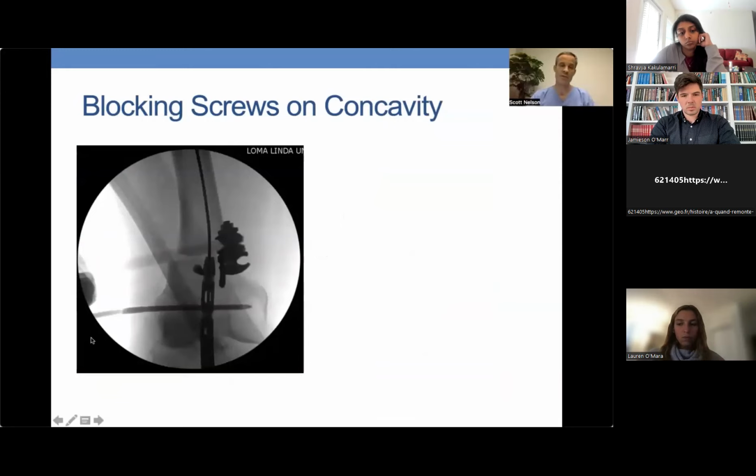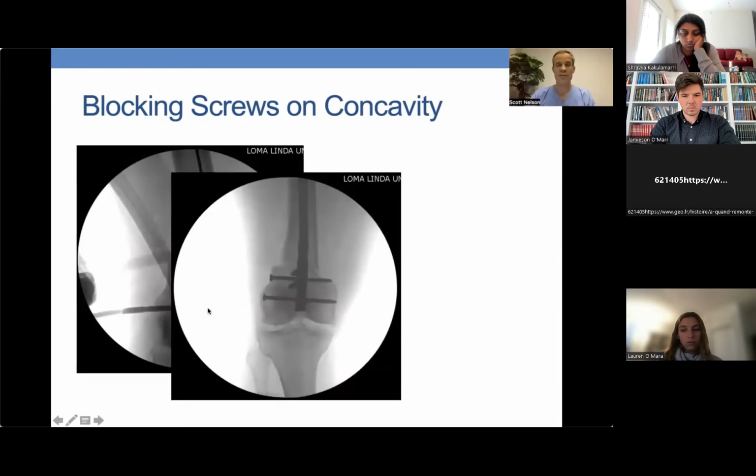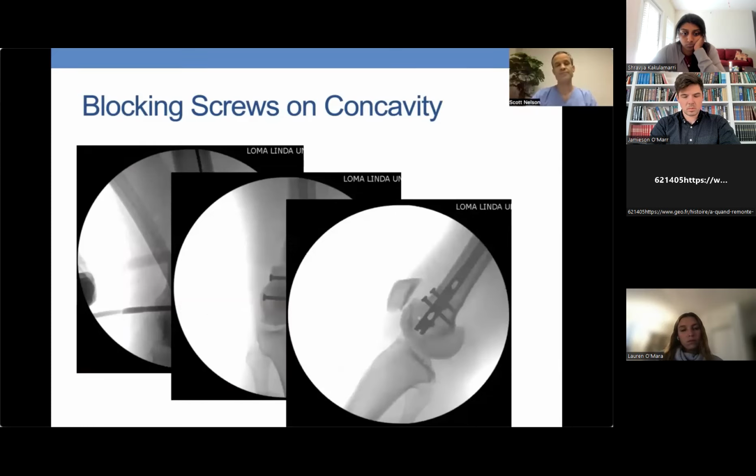We put a blocking screw in here to force this femur to stay in varus. And then we advance our nail, and we've rotated around the hinge point, which is distal here in this case, and displaced it appropriately. We use 2 blocking screws in this case.